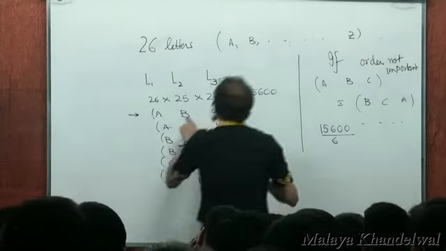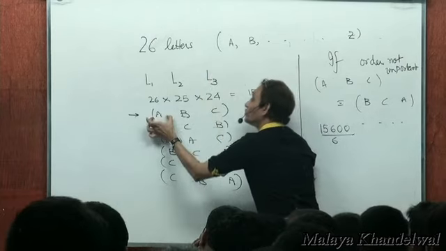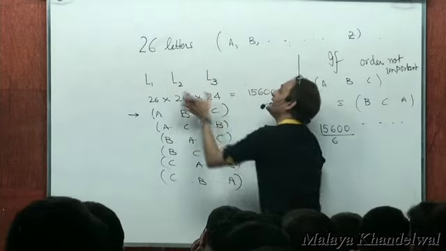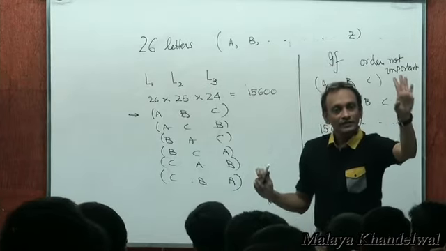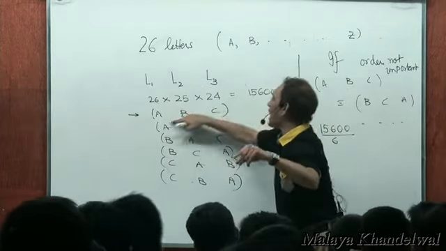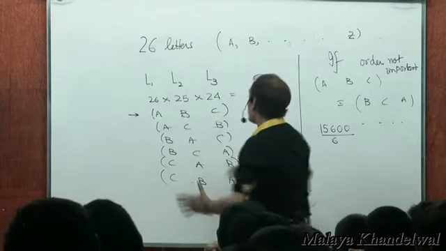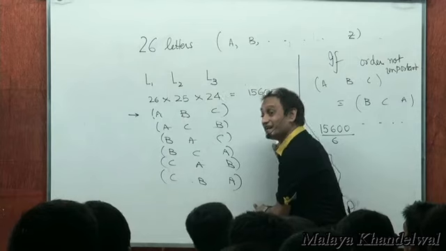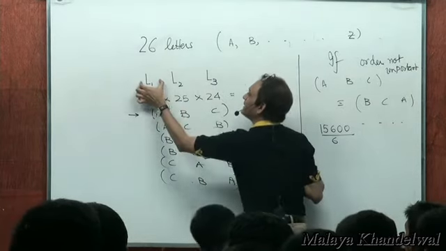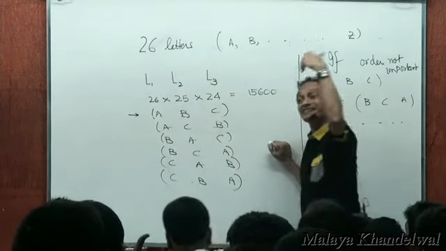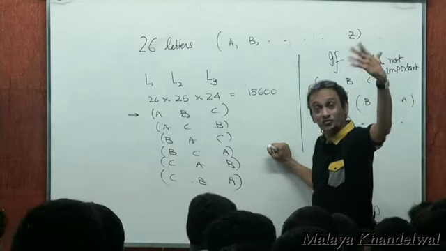So 3 people, call them ABC, 3 spaces, call them L1, L2, L3. The number of ways in which 3 people could be designated to 3 spaces would be 3 factorial. If there were r spaces and r people, then the number of ways would have been r factorial, right? So the reason you have got 6 is because the number of ways in which ABC could be designated to L1, L2, L3 is 3 factorial, which is 6. That's why you've got 6 out of it.